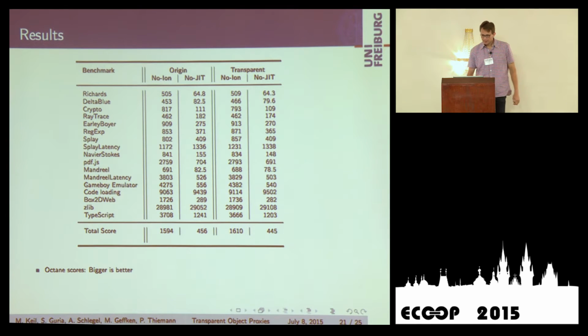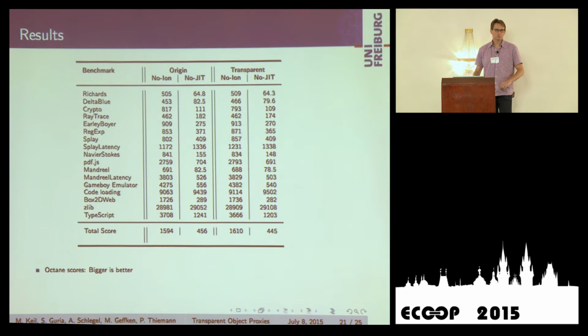results. Essentially, here on the left, you see origin, that's the original implementation. You see transparent, that's the implementation that extends the equality operator in the way that I've shown you. If you compare the numbers, which should be easier to do in the paper, or here if you look at the total score and summary, you see there's not much difference. In fact, the difference is within the measurement inaccuracy.